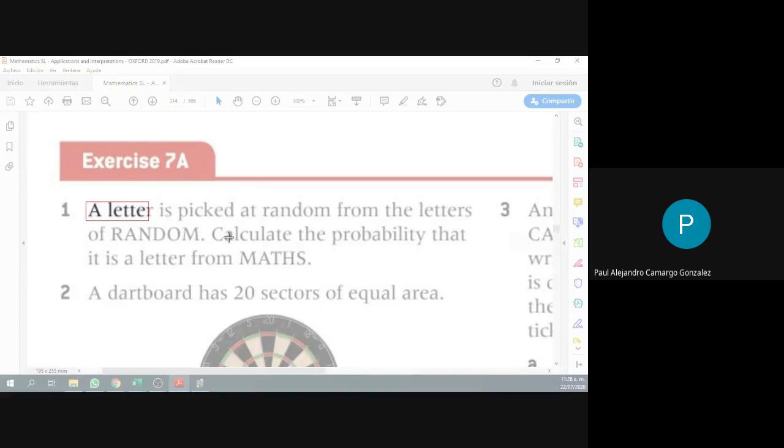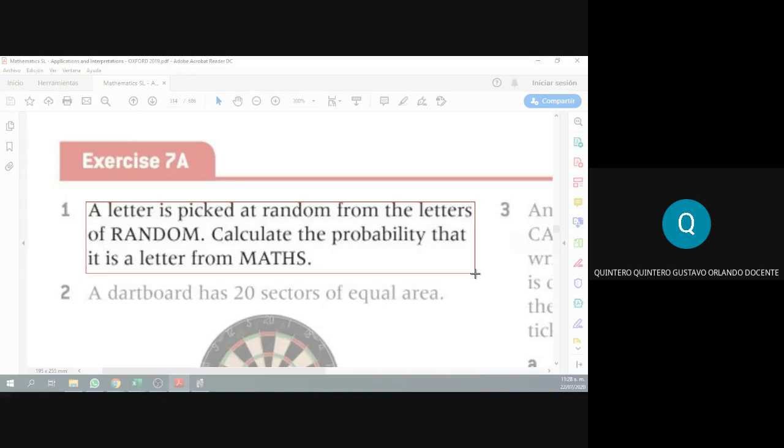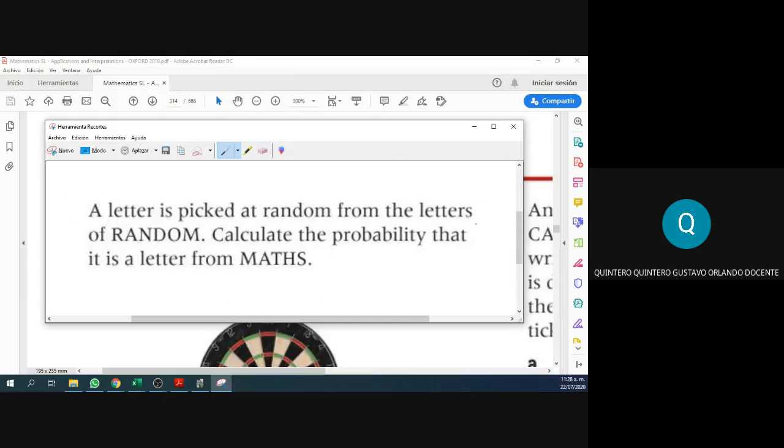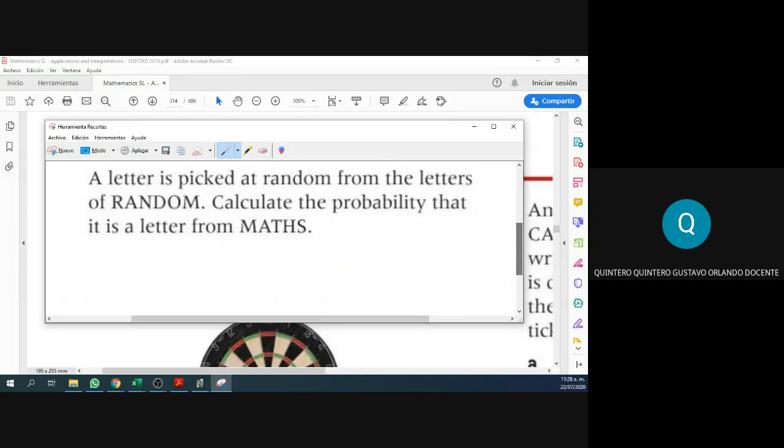The total is 6. Again, the probability will be success over total, right? In our case, the word random has 1, 2, 3, 4, 5, and 6 letters. So we have 6 as the total.